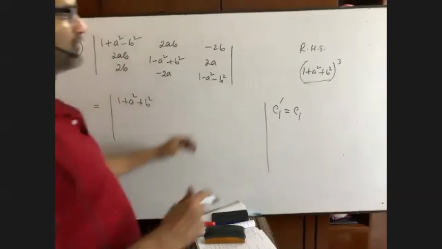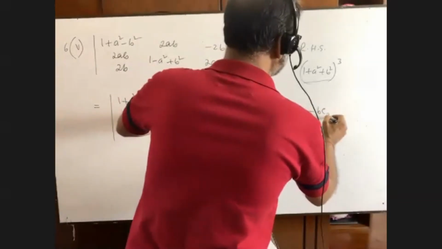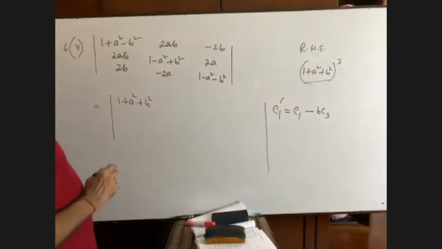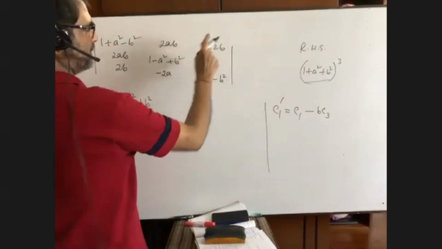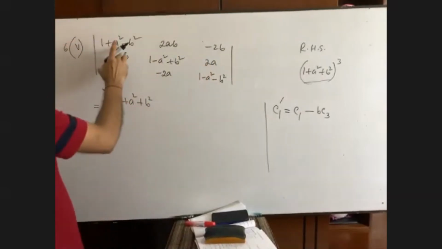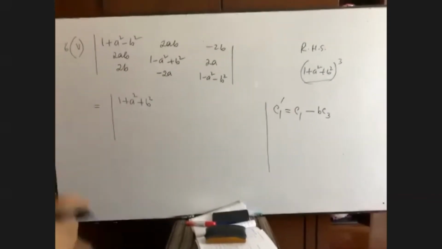Plus 2b square minus b, column 3. Please try to understand. If we multiply it by b, then it is plus 2b square. So this plus 2b square equals this. Please try to understand, then I'll talk to you.